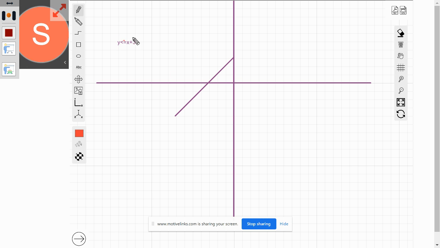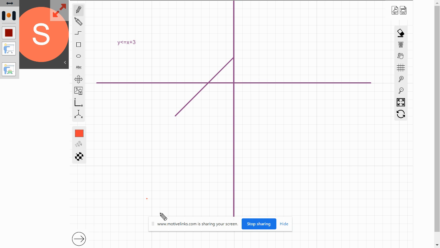After doing that, you're gonna see if it says y is less than or equals to, y is less than, or y is greater than. If it says y is greater than, then you're gonna shade above the line. So in this case, y is less than, so we're gonna shade below the line.